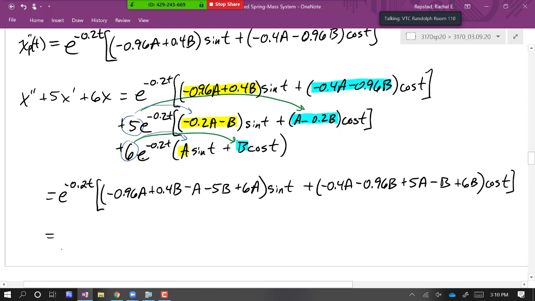And now we're almost done. I'm just going to combine like terms. I'm going to stop there first and see if there are questions on how we got this far.